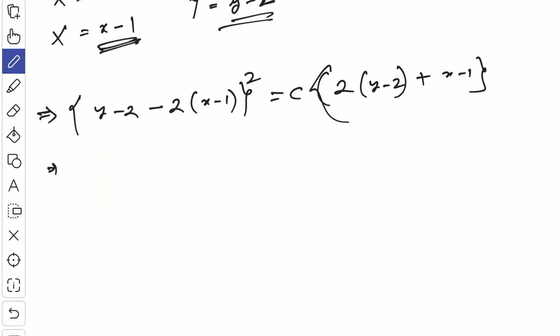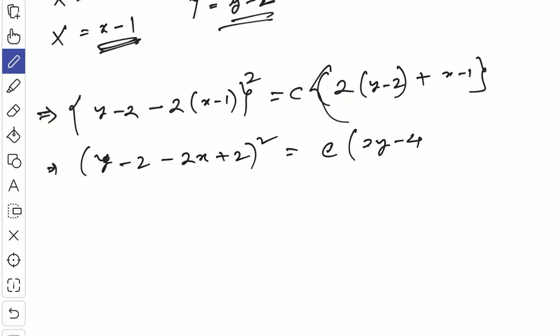Now let us simplify this. Small y minus 2 minus twice x plus 2 whole square equals small c, this c is the constant of integration, then twice y minus 4, then plus x minus 1.